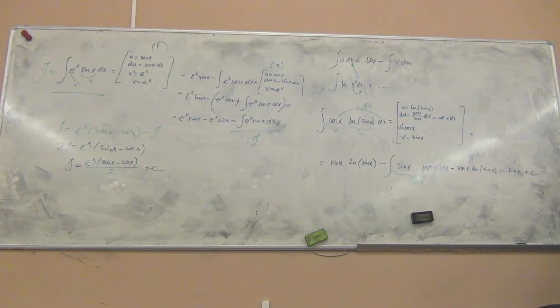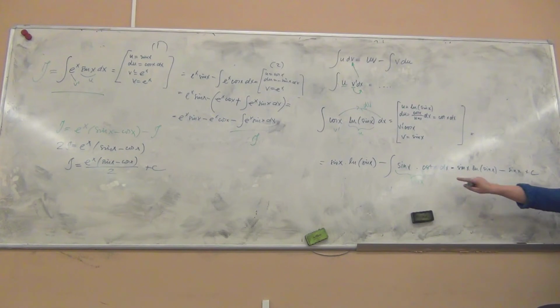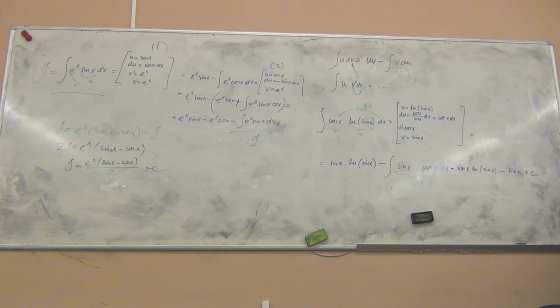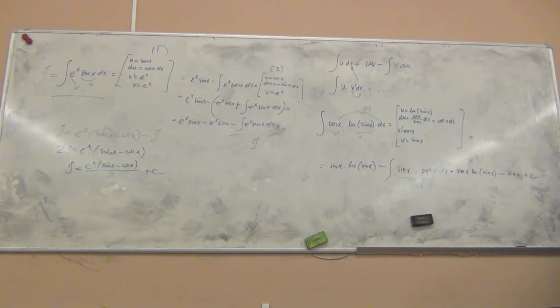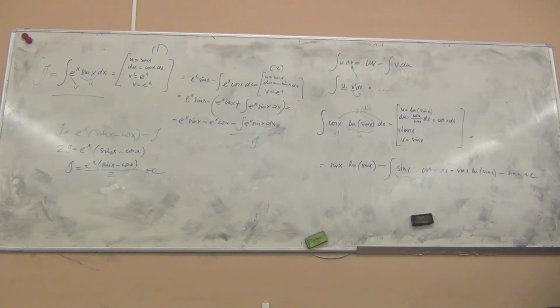More questions? It's not plus sin x because it's minus sin x, and we have a minus and it's plus, or I'm wrong? Wait, sin x times cot x, here? They are cos x, right? Yes, it's cosine. Cos x dx, yes. And this is not minus sin x, no, this is sin x. Because when you differentiate cosine, you get minus sine, but when you integrate cosine, you get plus sine.